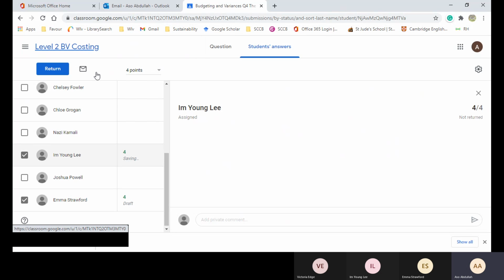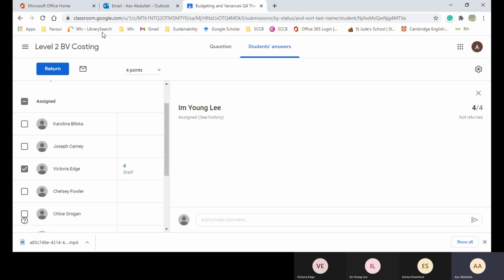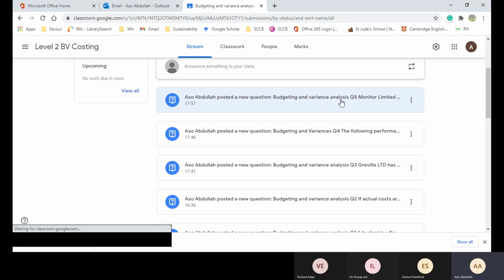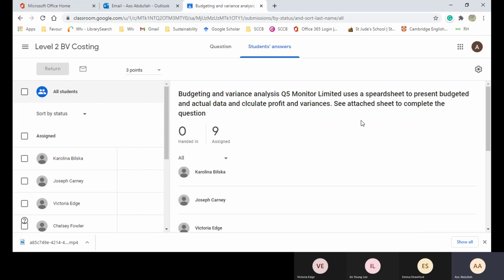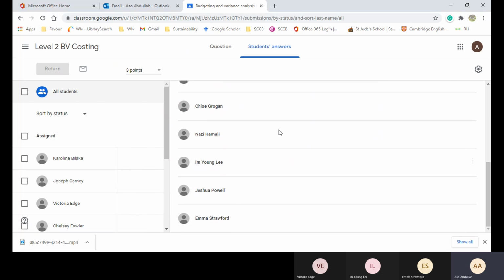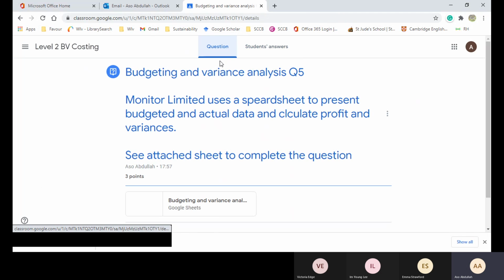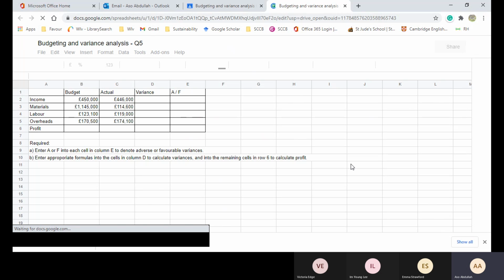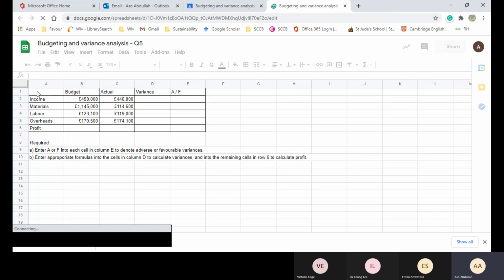Okay, so let's move to the final question, question number 5. So what do you think about question number 5? This is an Excel sheet.